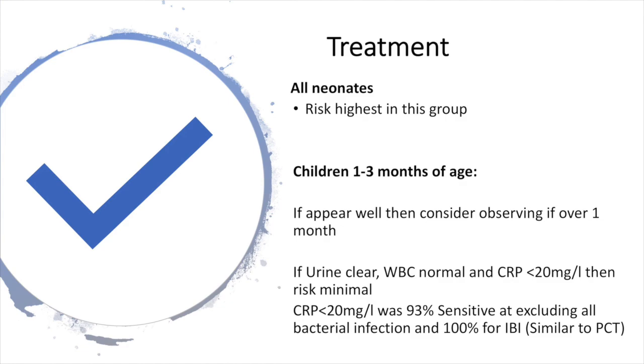Children aged between 1 to 3 months of age, NICE guidance, which is what this talk's based around, depending on which guidance you read, tells you to do one of two things. So if you read the NICE sepsis guidelines and look at children under 5, any child under 3 months with a temperature over 38 degrees would receive antibiotics within an hour.